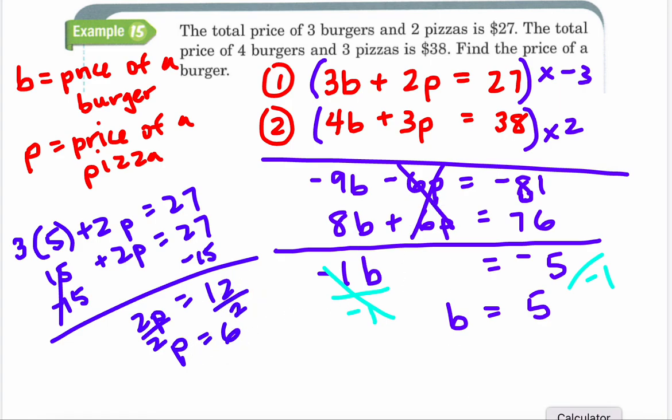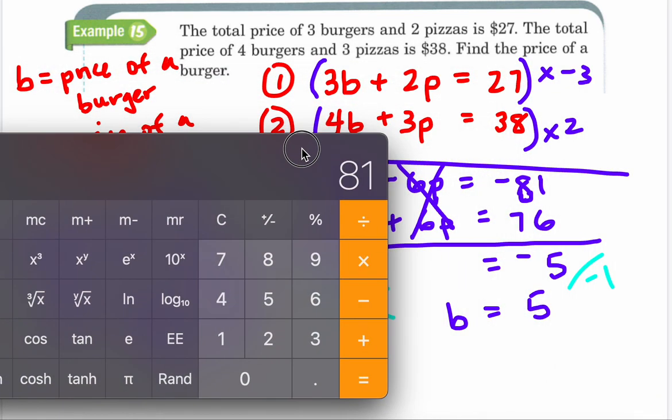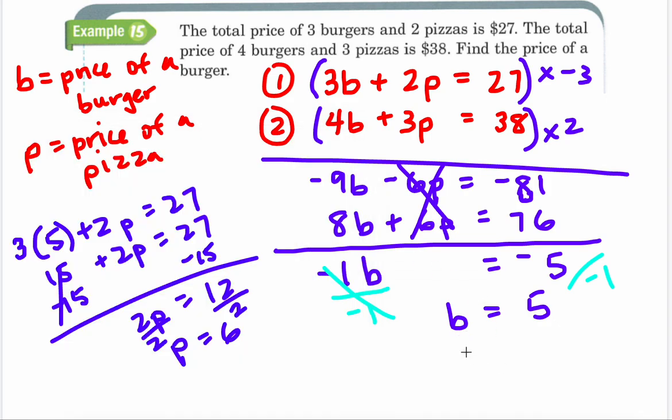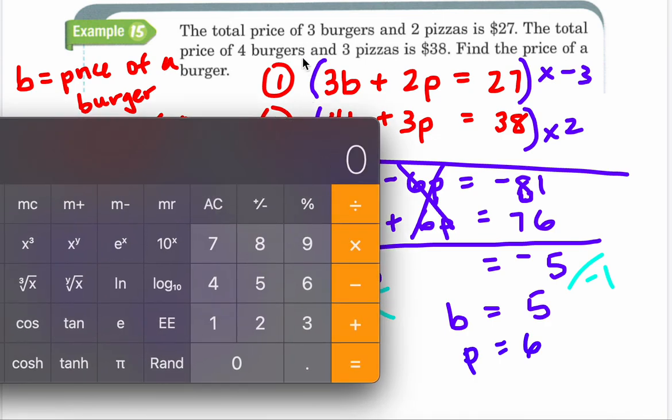Okay, so let's check our work then. So if a burger is $5 and a pizza is $6, let's check it. I'm just writing over there so I can look at my calculator at the same time. The price of 3 burgers, 3 times 5 is 15, plus 2 pizzas, 2 times 6 is 12, is 27.